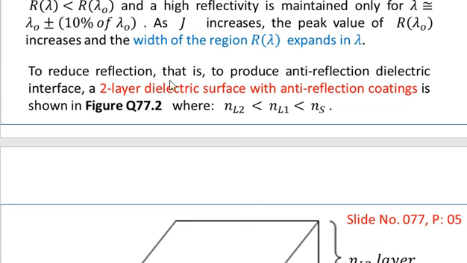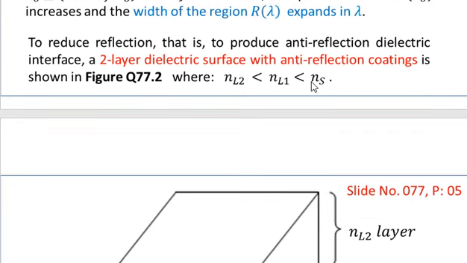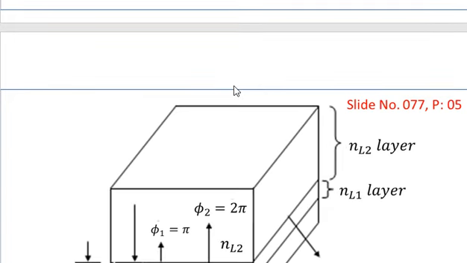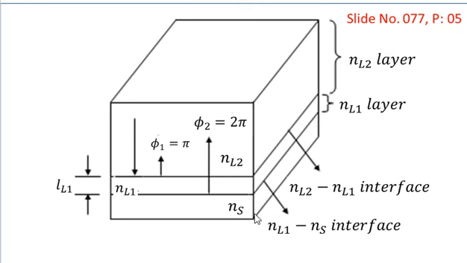So to reduce reflection, that is, to produce an anti-reflection dielectric interface, a two-layer dielectric surface with anti-reflection coating is shown in figure number 2, where we have NS with the highest refractive index, then the lower one is NL1, and further lower is the refractive index of the region NL2. So we now have three regions: NS region, NL1 region, NL2 region.